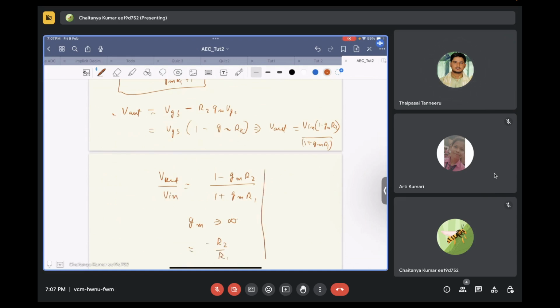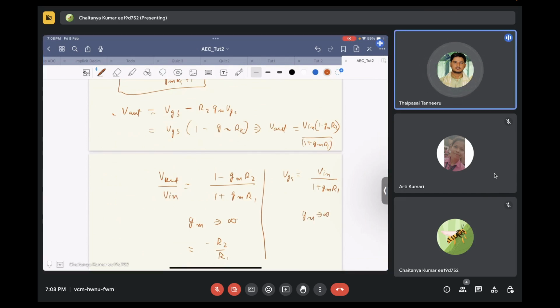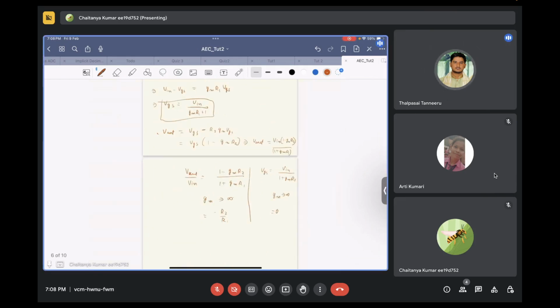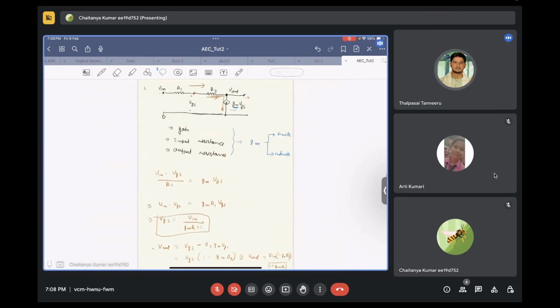Okay, now what is VGS? Vin divided by 1 plus gm times R1. Correct? Yes, sir. What happens when gm tends to infinity? It should be 0, sir. Is this equal to 0? So, does this thing look familiar to you at all?